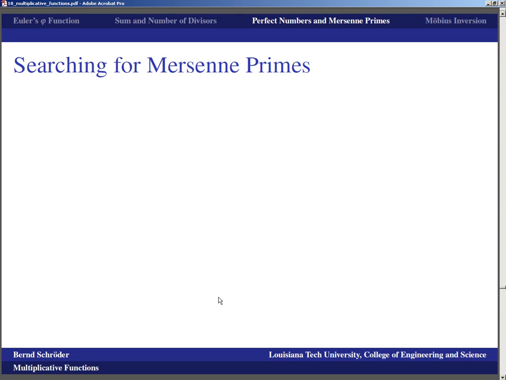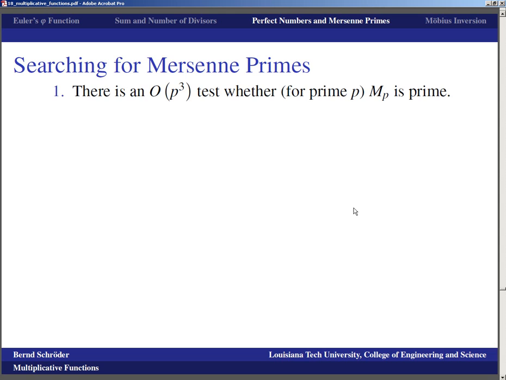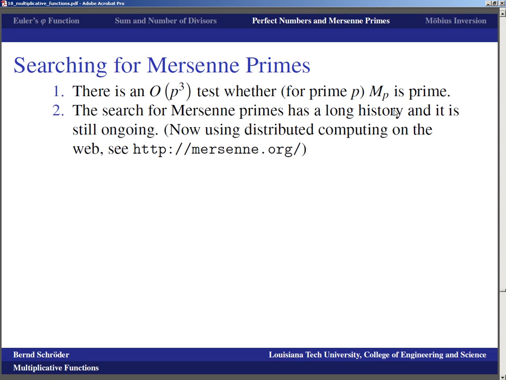The beauty is in the eye of the beholder, certainly. But it shows that Mersenne prime numbers have a place in number theory, and so there's a search for Mersenne prime numbers, and there is, in fact, an O(p^3) test for whether, for a prime number p, the Mersenne number M_p is prime.